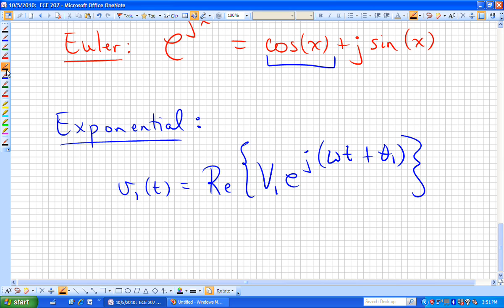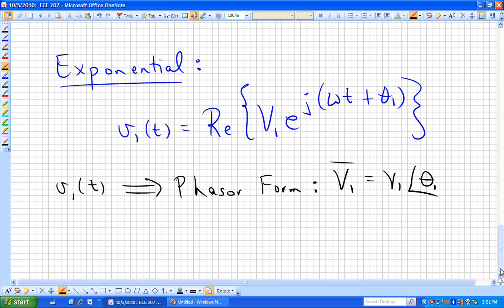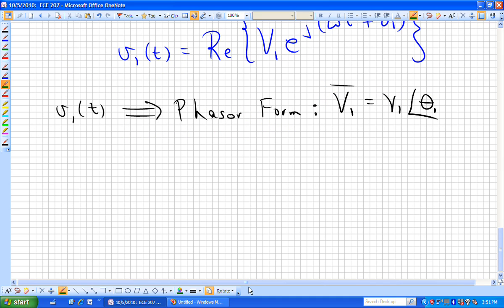We could also think of V1 of t in phasor form, and if we do that, we're really moving out of the time domain and into another domain. But now we have the barred quantity, and this is V1 at an angle of theta sub 1. Pictorially, you could think of that as a magnitude.